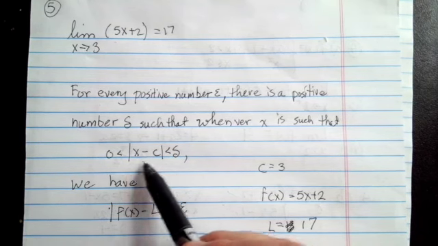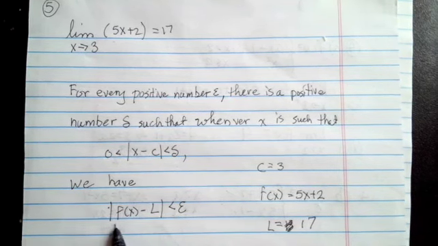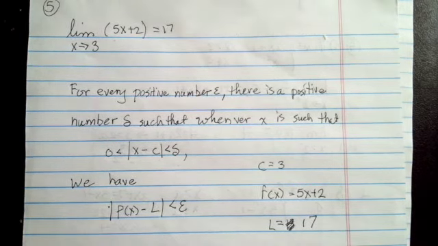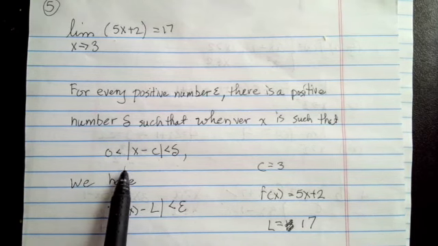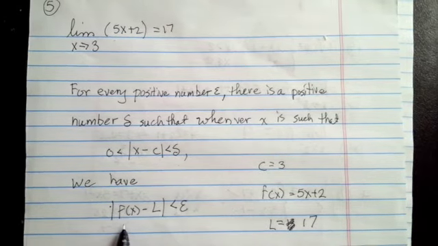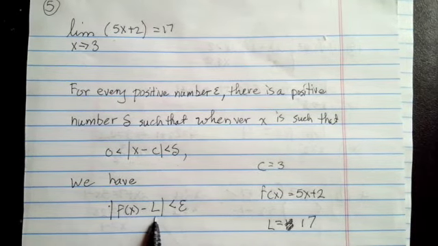This can be thought of as the distance between x and c, and this can be thought of as the distance between f of x and L. F of x is also y. So what this is really saying is that by choosing x close enough to c, in this case 3, we can make y sufficiently close to L. L is 17. Alright, so let's see how this works.